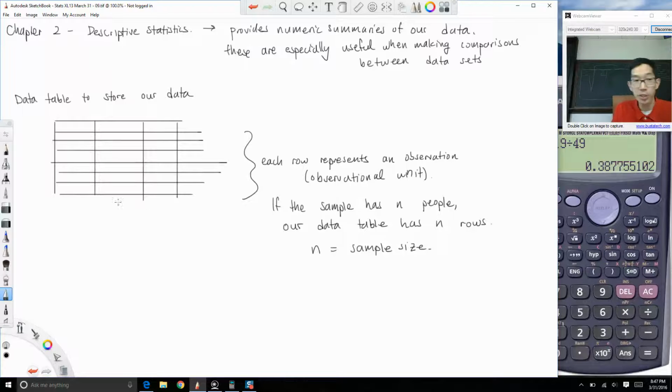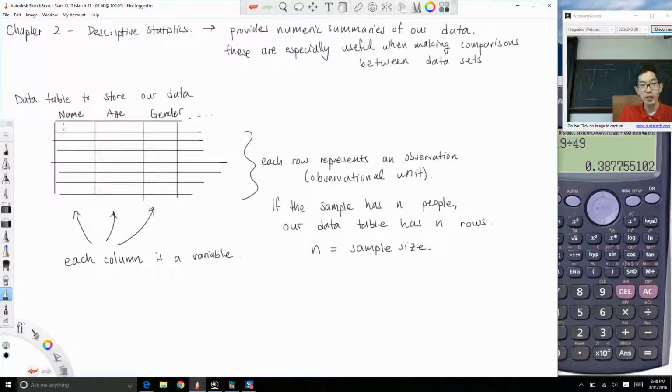All right, each column is a variable. For example, we can go around and ask students, what is your name, what is your age, and what is your gender? We could collect other bits of information.